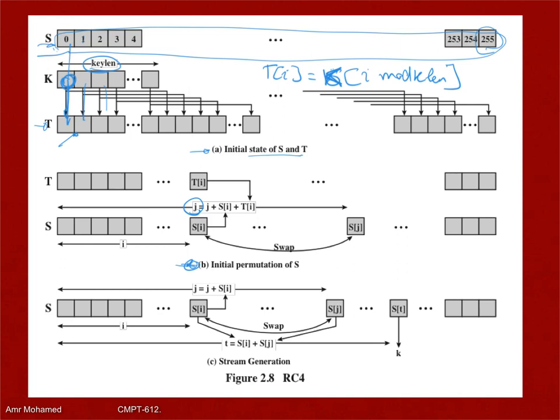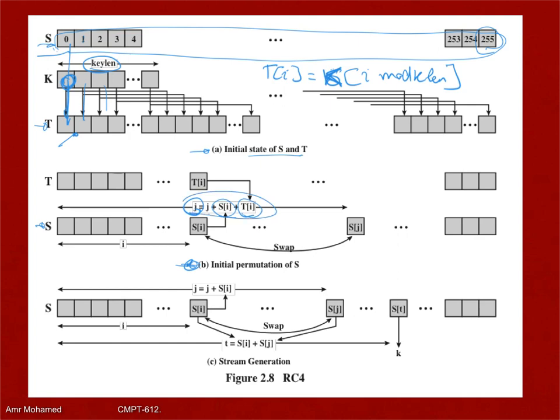And here the function is very simple. So j equals j plus S[i] plus T[i]. This will give you the index that you will switch with the current i. So you start from i equals 0, okay? So I want to know the value of S at 0. This value needs to be swapped with another byte. Which byte?